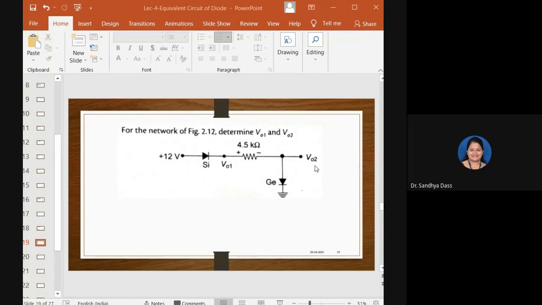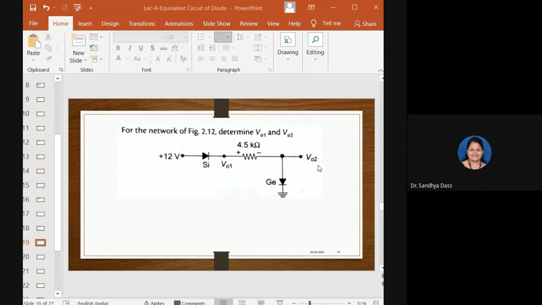Ma'am, can you repeat that? Yes, what I'm trying to say here is, if this circuit has to be complete, if the germanium diode used here has to conduct, then for the voltage applied here, VO2, 0.3 is sufficient. That is what I'm trying to say. 0.3 volts is sufficient to turn on this germanium type of diode.